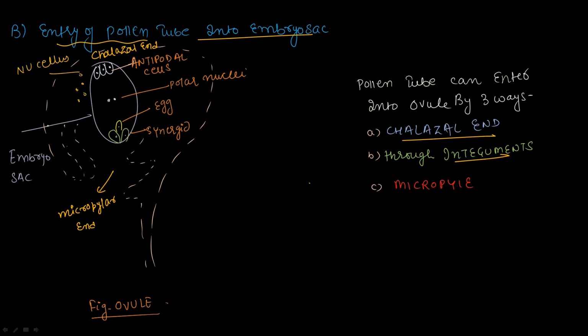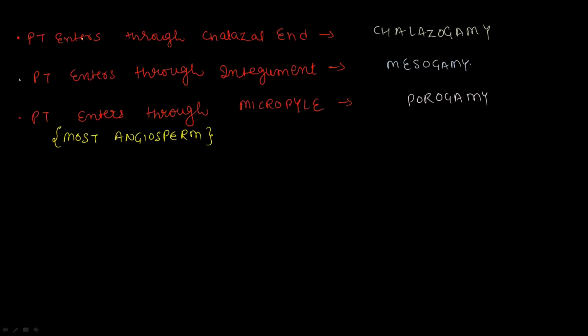The next is through the integuments. These are the integuments, the outer integument and the inner integument, and then you have the micropyle. So either this way, or this way. So 3 possibilities are there.